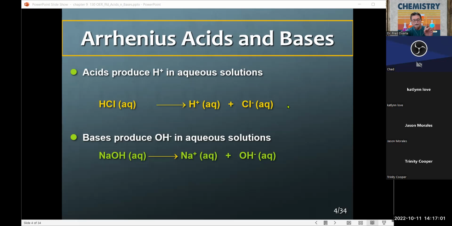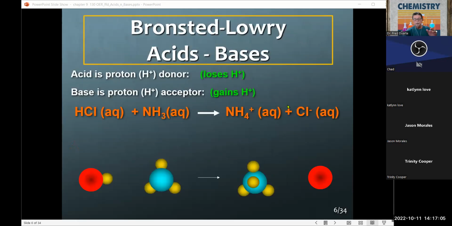Arrhenius acid, anything that produces a proton, or a base. Now we have a different definition, which encompasses more chemicals, because before, you can be a base and have nothing to do at all with hydroxide, okay? And here's the deal.